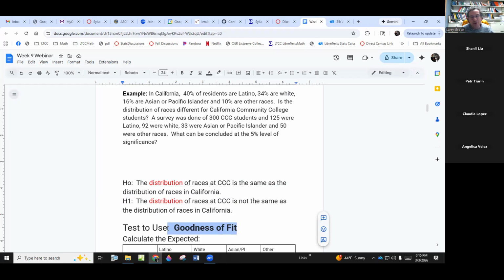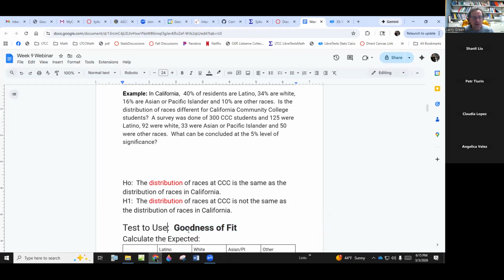You have a sample for that different population, and you want to find out if the distribution of the population you don't know is the same as the population that you do know.